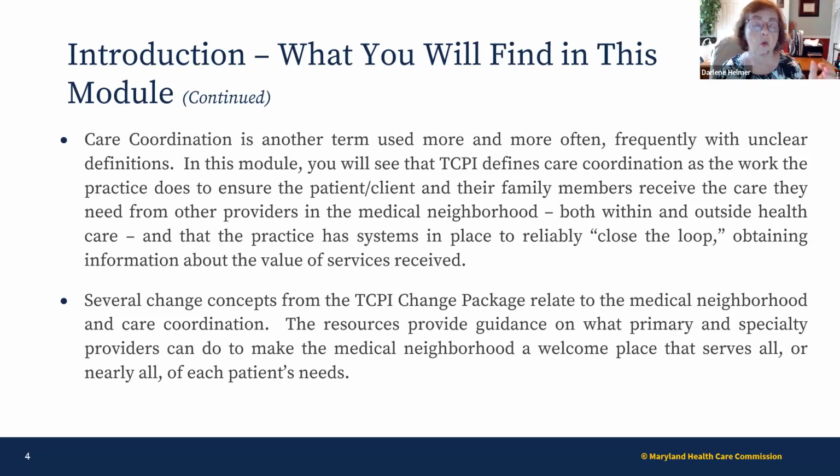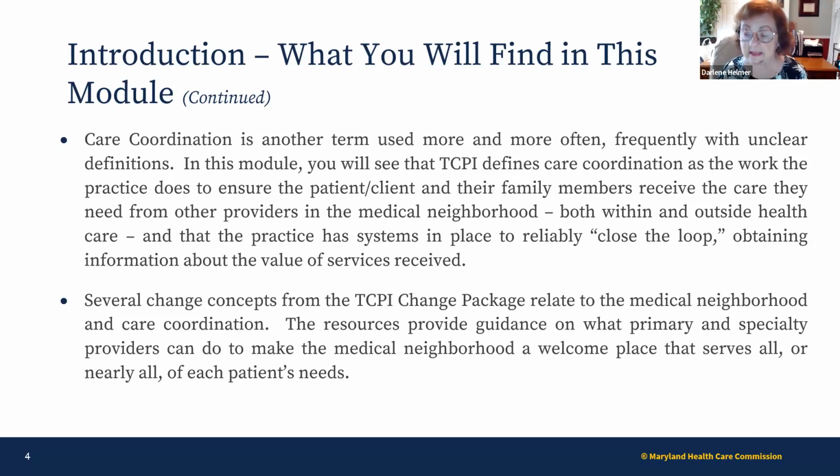We talked a while back about closing the loop with referrals, making sure that you are getting the appropriate information from the referral, and that the referring doctor is getting the appropriate information back, so that that loop is closed and everybody knows what everybody's doing. The old saying, the right hand doesn't know what the left hand's doing.